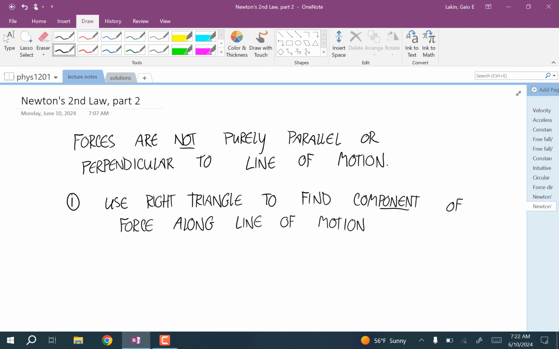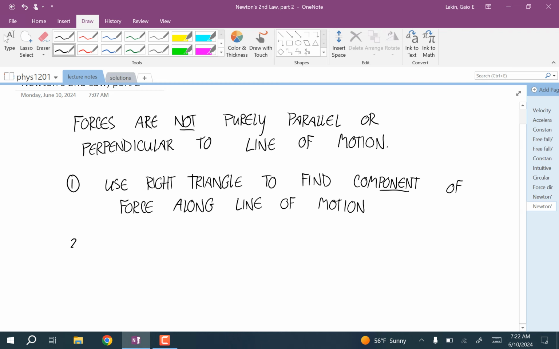And then, since along our line of motion, we always have to choose a positive direction and then a corresponding negative direction, we're going to figure out the sign of this component by saying if the force is within, less than 90 degrees from the positive direction, then the force component we get is positive.